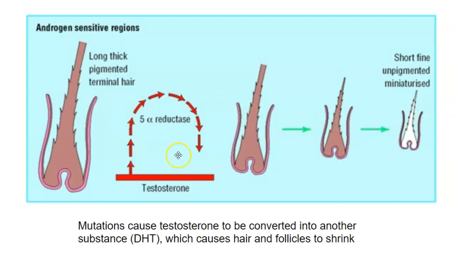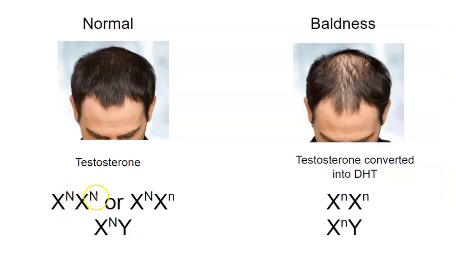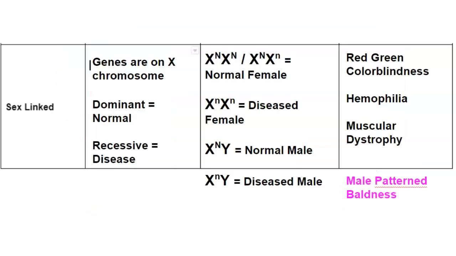It's all about those proteins. There's a mutation in the gene, making this protein different. Somebody who has a capital letter, a normal gene, will be normal, but somebody who has a recessive gene is going to have that baldness pattern. So, male pattern baldness.